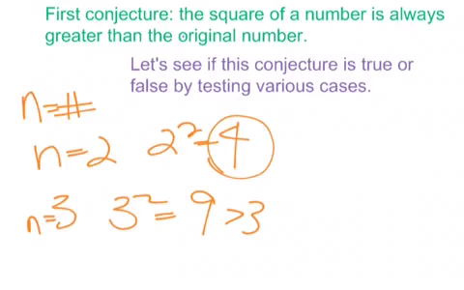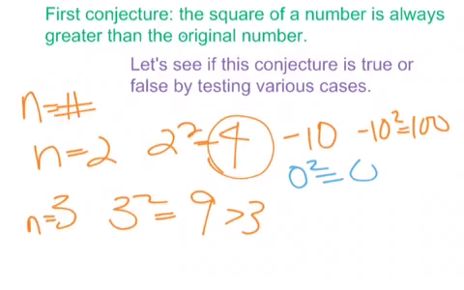Let's do a number that is less than 0. Let's do n equals negative 10, and then negative 10 squared is going to be 100. So that's also true. All right. Well, how about 0? 0 squared equals 0.